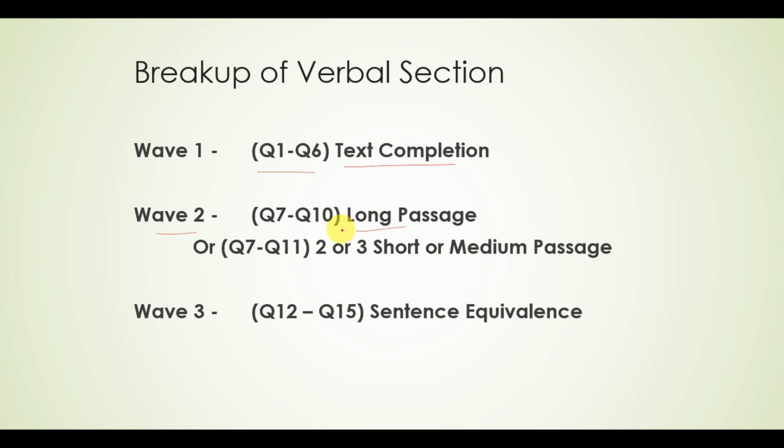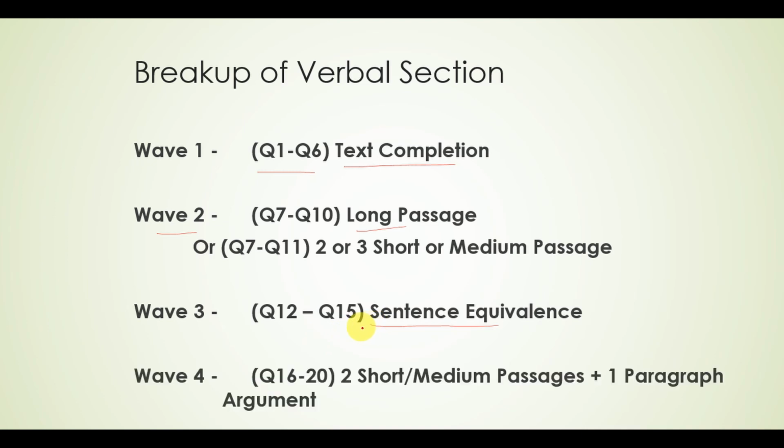Next is a wave of sentence equivalence type questions, and you have to solve 4 or 5 such questions. And finally, you again get 4 reading comprehension questions with 2 short passages or 2 medium passages.